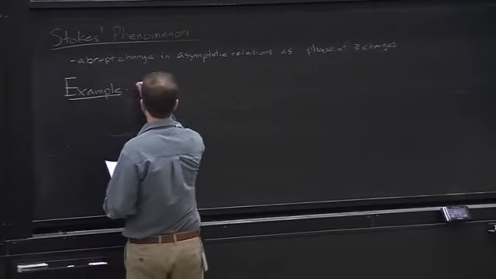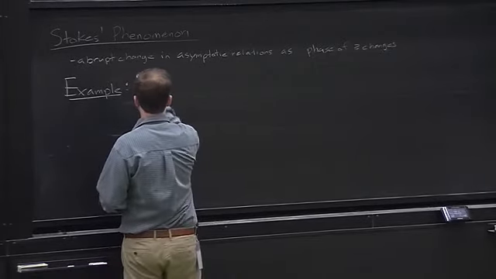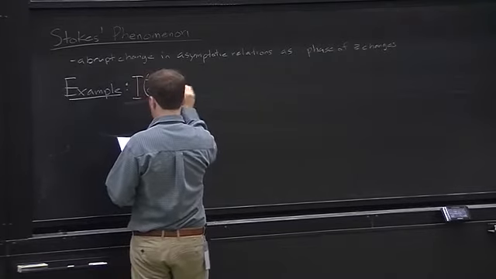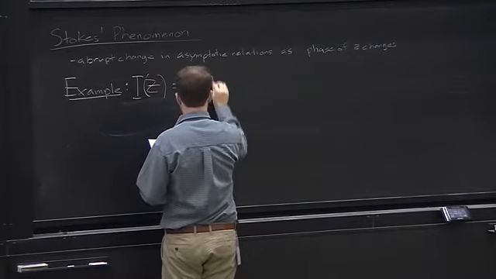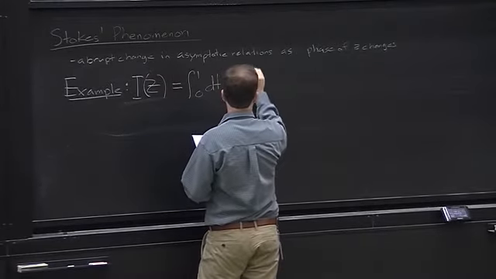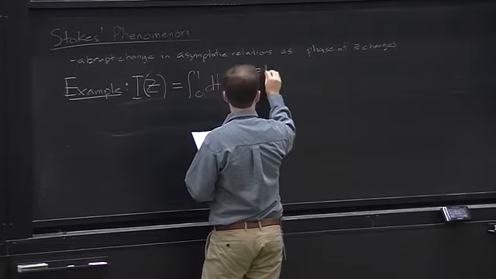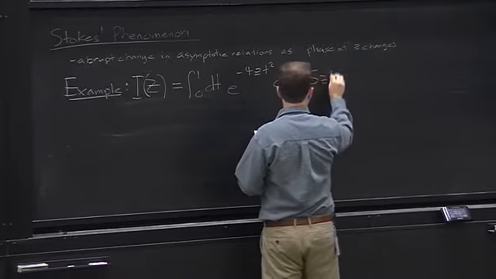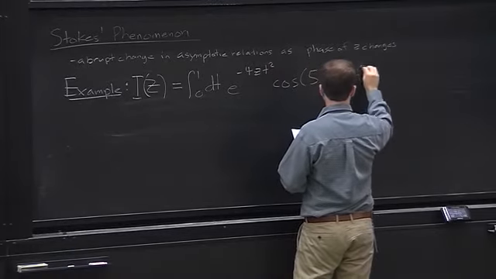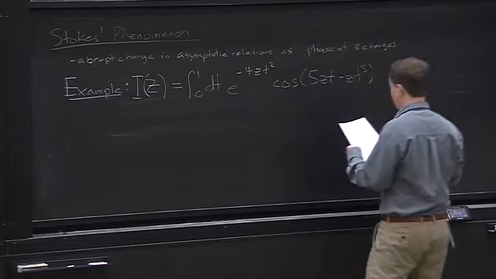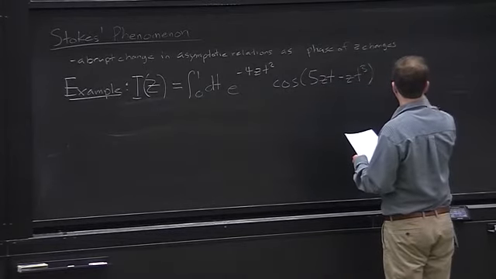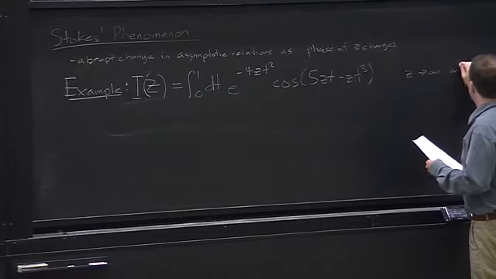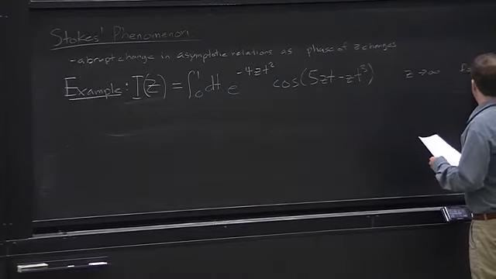In the example we'll look at, I of z is the integral of e to the minus 4 z squared cosine phi dt, and we're going to look at this as z goes to infinity.